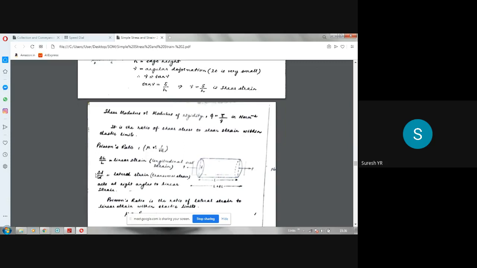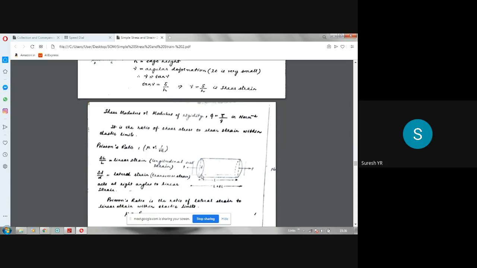If you take the ratio of change in diameter to initial diameter, where initial diameter is d and the change in diameter is delta d, of course delta d is a negative quantity because of the reduction in diameter. That ratio is called lateral strain or transverse strain. So two types of strains will be there. One is linear strain, along the length of the bar: if it is subjected to tensile force, length will increase, giving rise to linear or longitudinal strain.